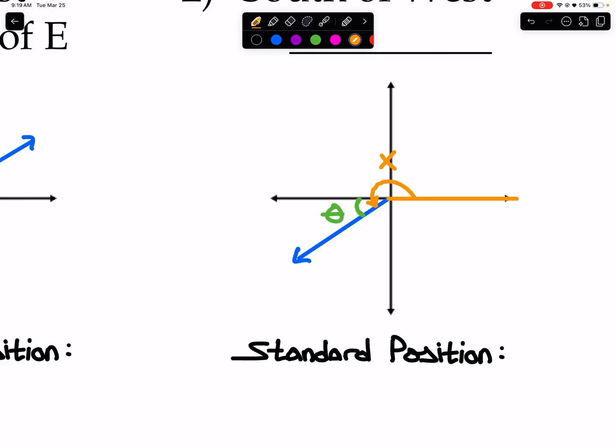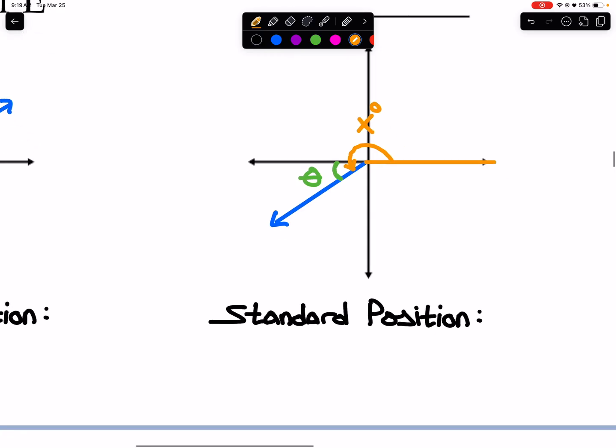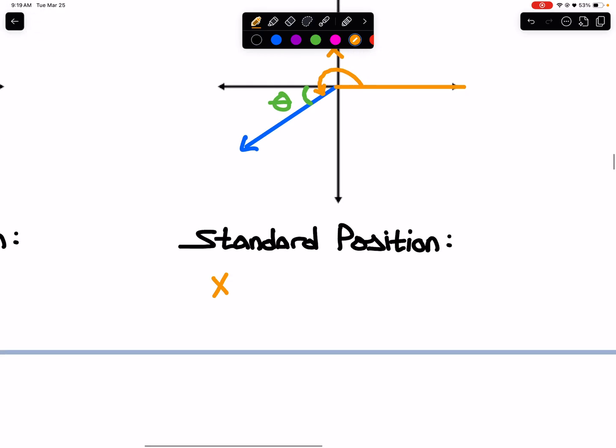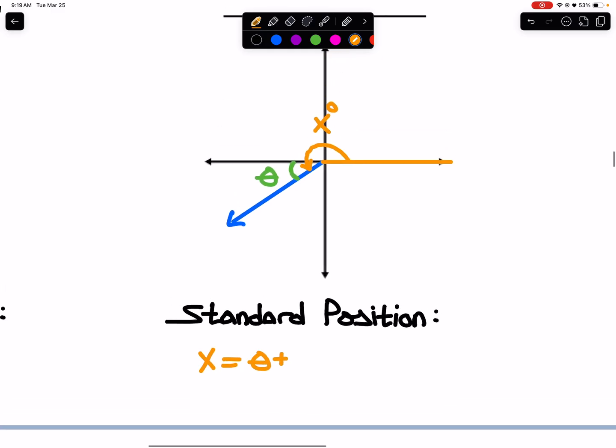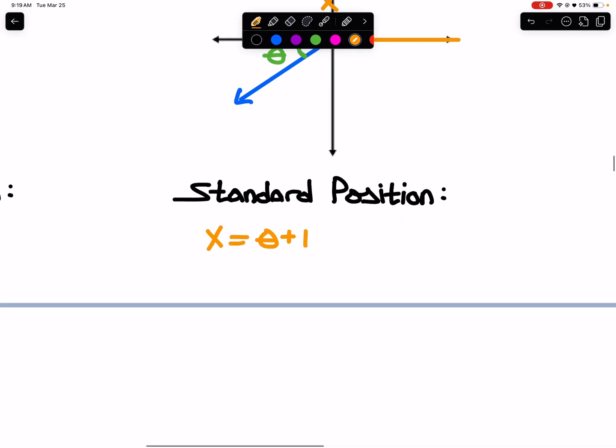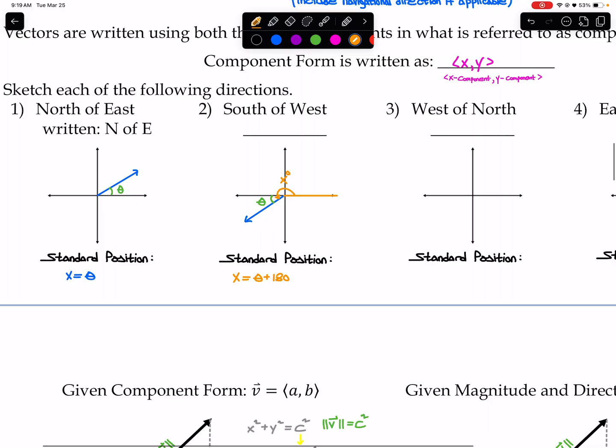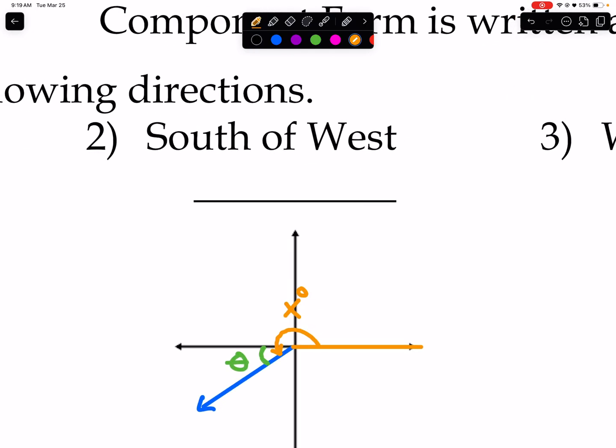So your standard position angle would be your theta value plus 2 full quadrants, which means we add 180 degrees to that angle to find it in standard position. And to write south of west, you're just going to abbreviate: S of W.